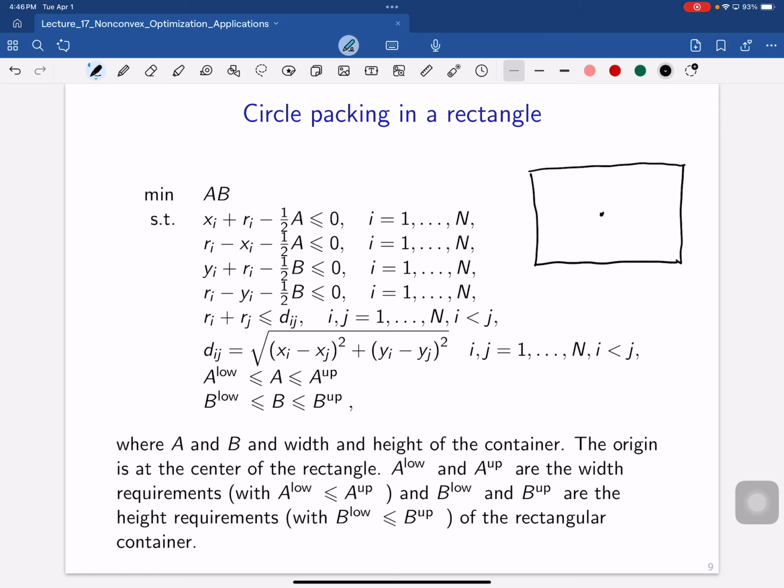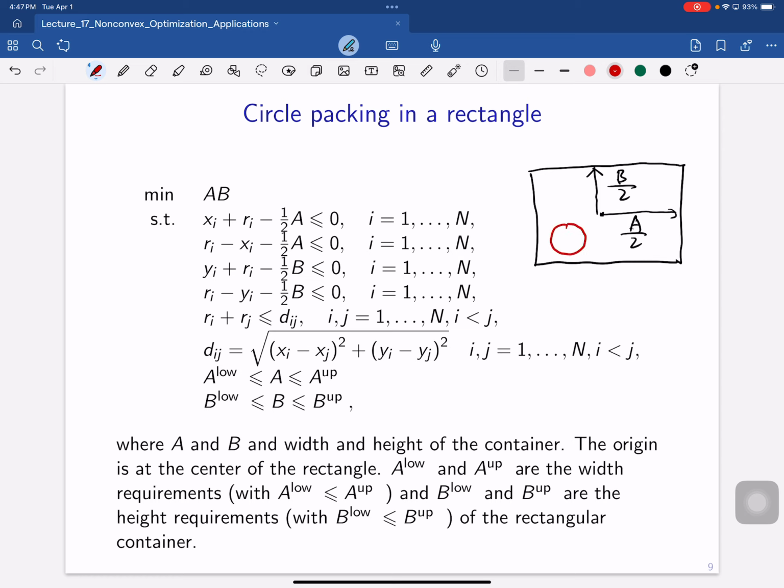So let's say this is the origin, and then this length is A over 2. And then this length is B over 2. Okay. Now you want to pack circles into the rectangle, right? In order for the circle to stay within the rectangle, we need to consider the x-axis and the y-axis separately, right? Because the circle is symmetric, and the rectangle is also symmetric. It's not that hard.